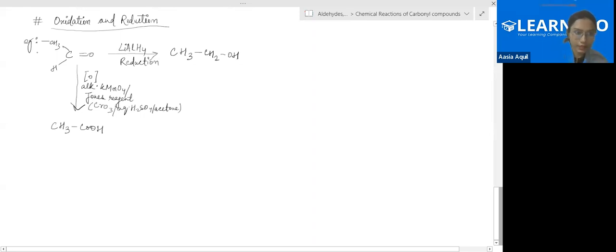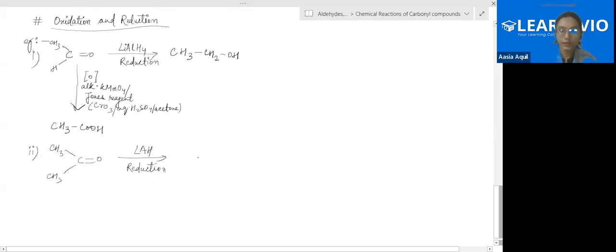Okay, let's see another example. What happens when you take ketone? Let's take ketone. First do the reduction using lithium aluminum hydride. So ketone on reduction will give you secondary alcohol.